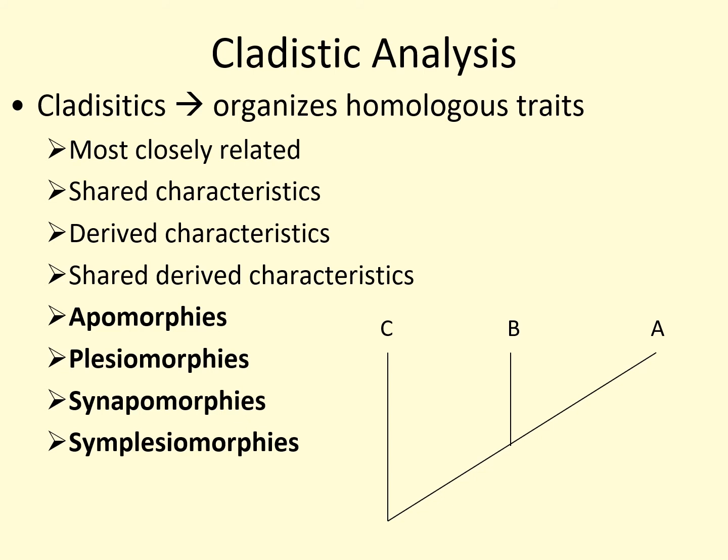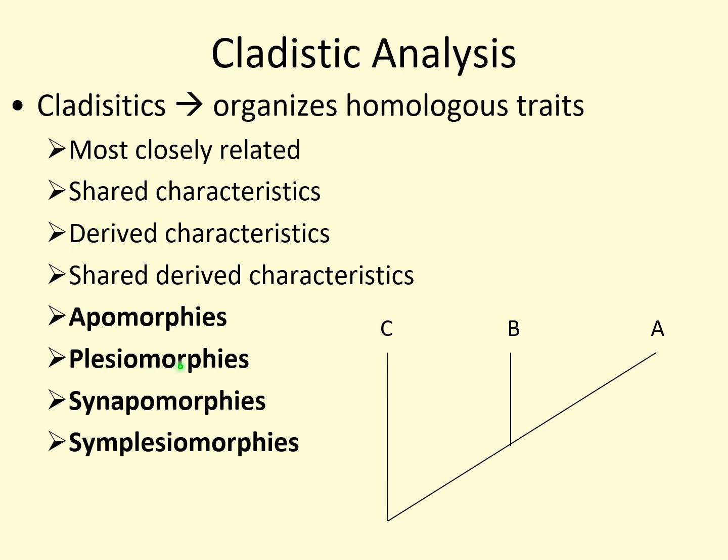So some organisms have what we call shared derived characteristics. We have apomorphies. Apomorphies are the derived characteristics.